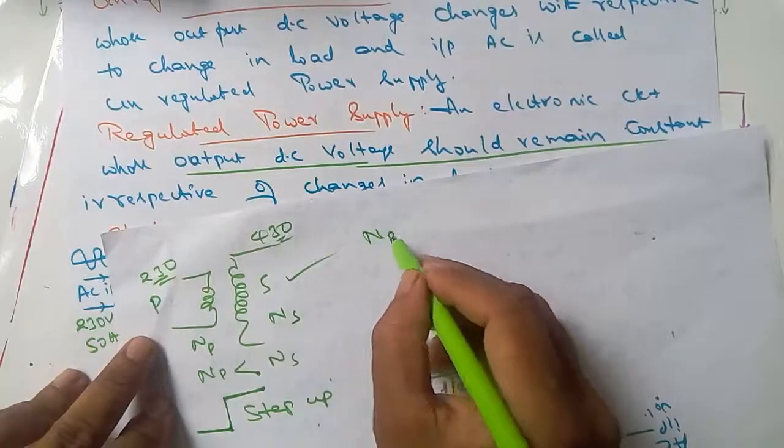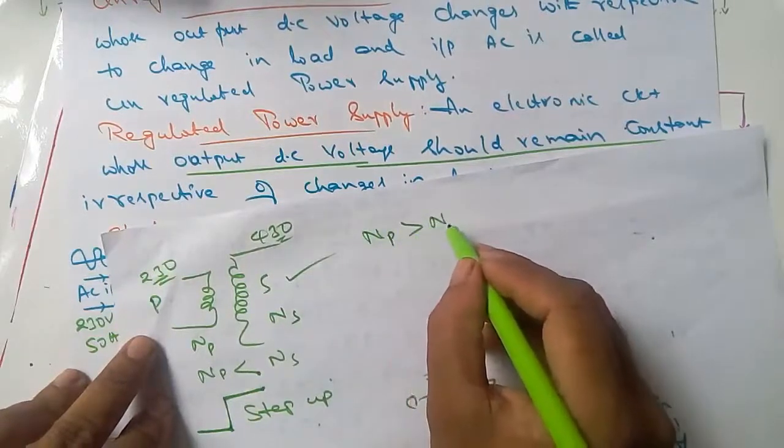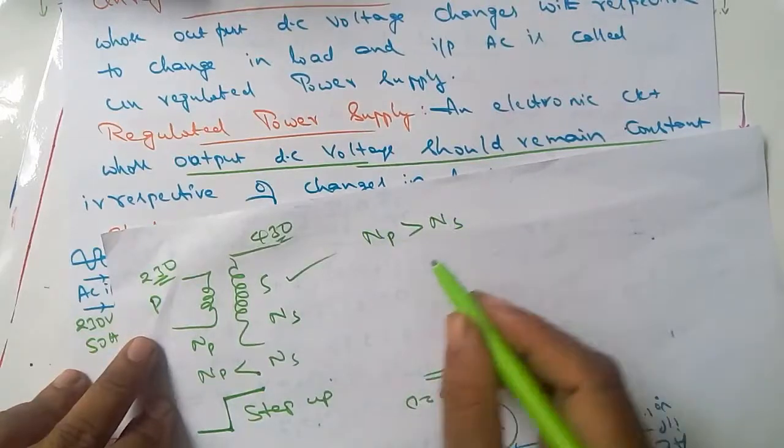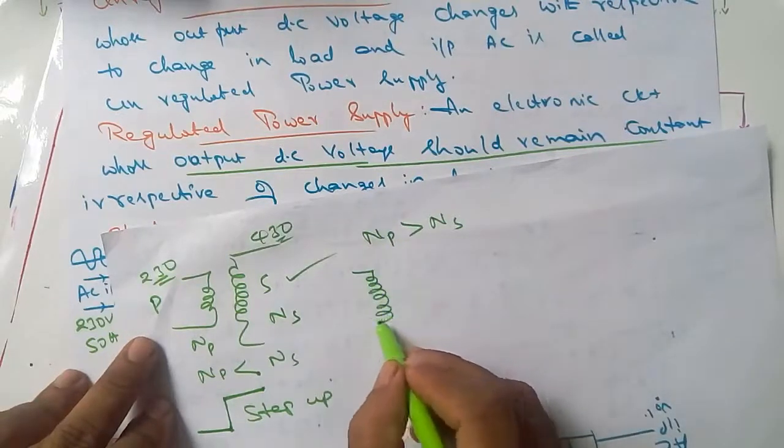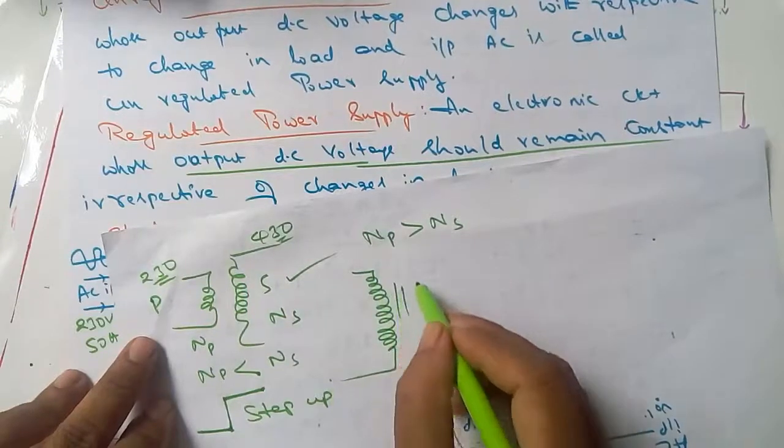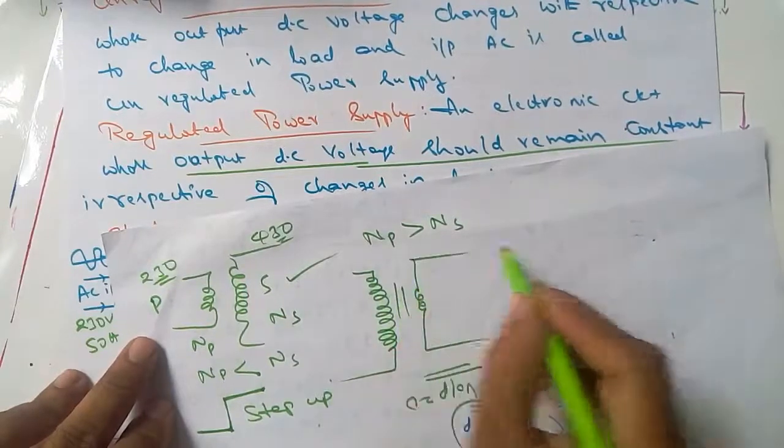Step down transformer means what? If the primary winding is greater than the secondary. For example, here the primary winding is more than the secondary winding.